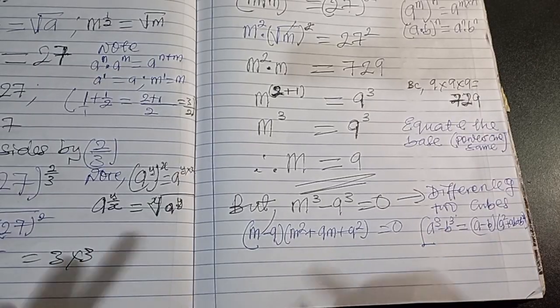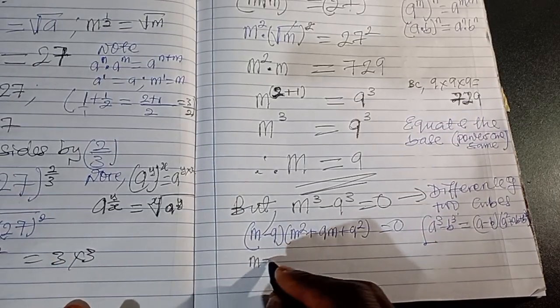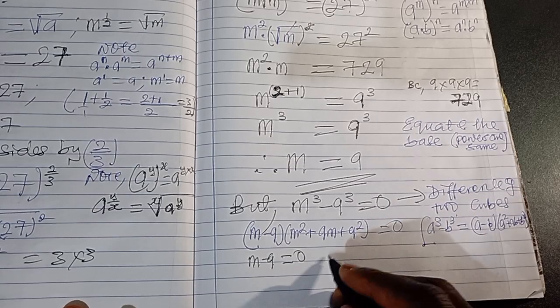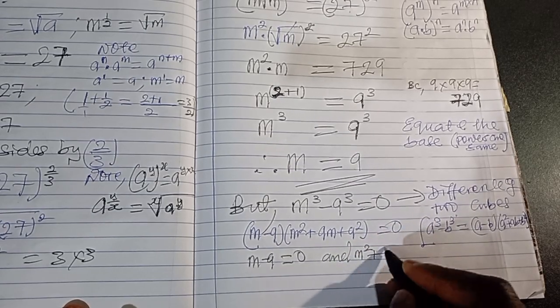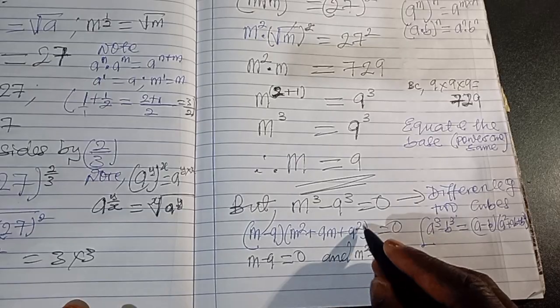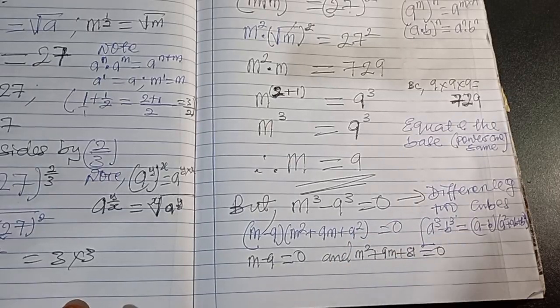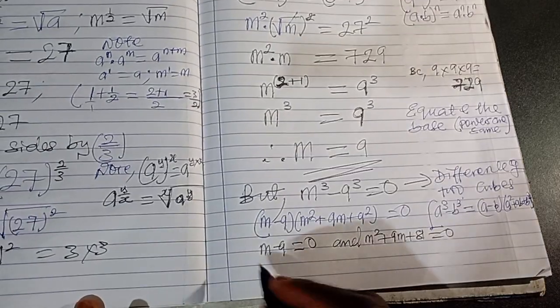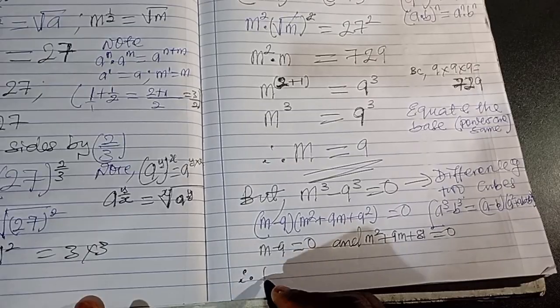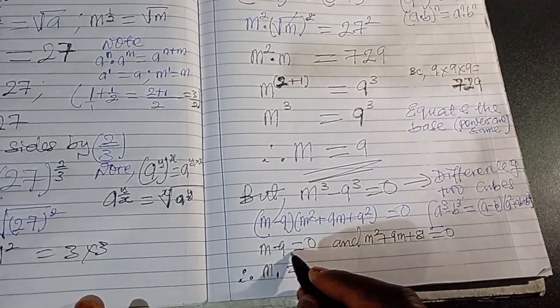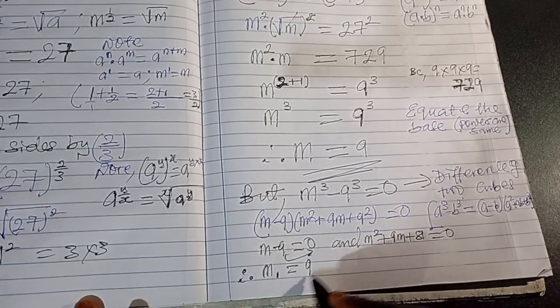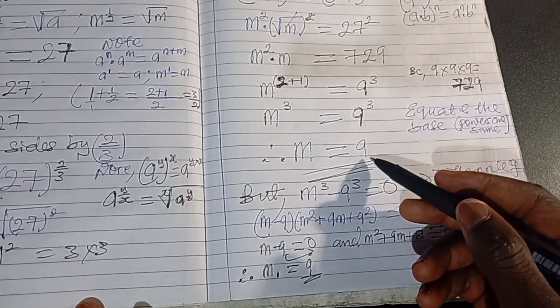Now from here, m minus 9 is equal to 0, and then m square plus 9m plus 9 raised to power 2, which is 81, is also 0. Therefore m1 is equal to 9, crossing the equality sign. This is similar to what you have gotten here.